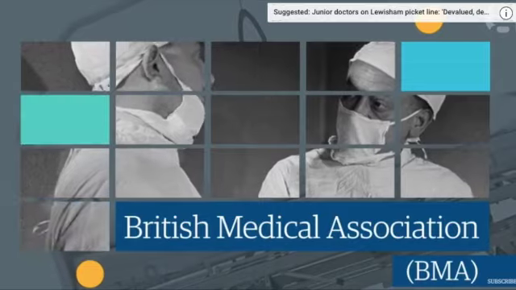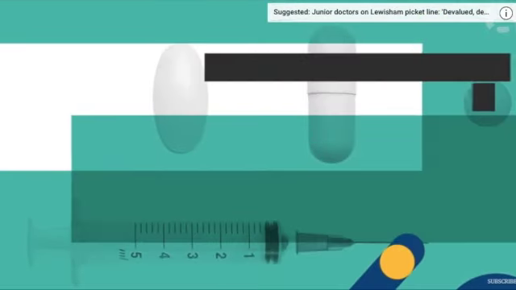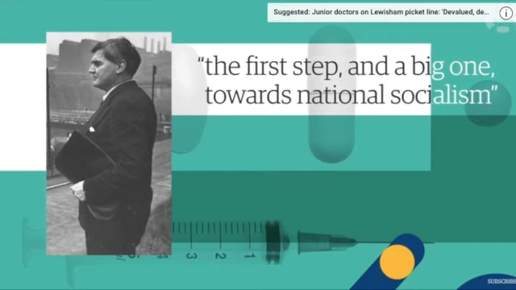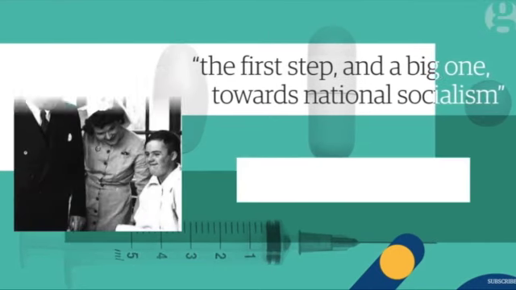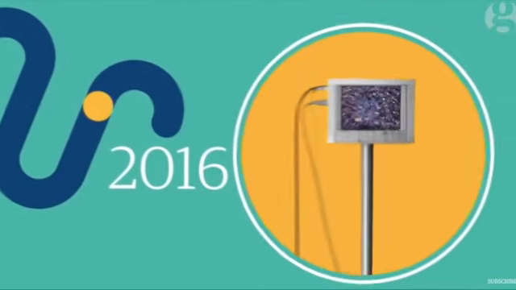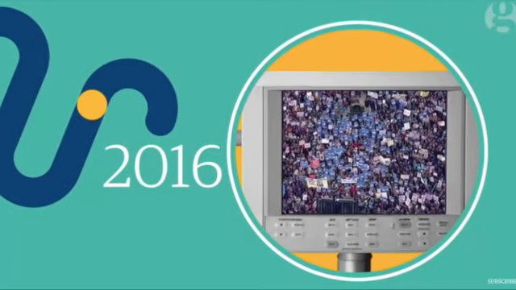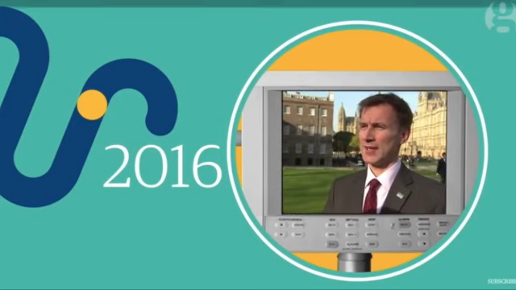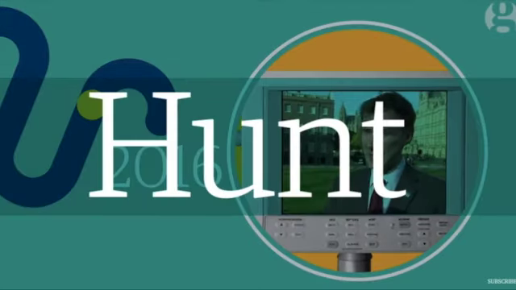One leading member of the BMA at the time said the NHS was the first step, and a big one, towards national socialism, and called the health minister, Aneurin Bevan, a medical furor. Move forward to the present day, doctors are barely more polite about their political paymasters. The current Health Secretary, Jeremy Hunt, has found that his name's become, unfortunately for him, rhyming slang for to give them a 1% rise.